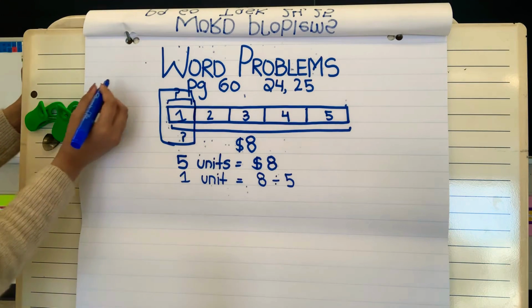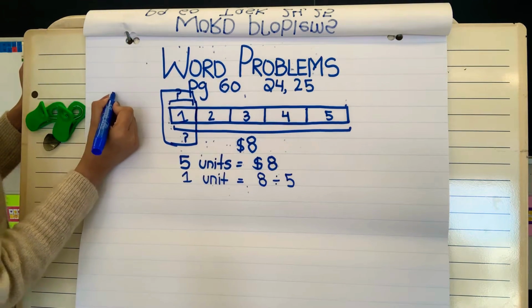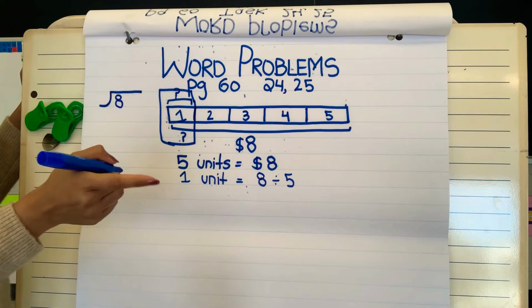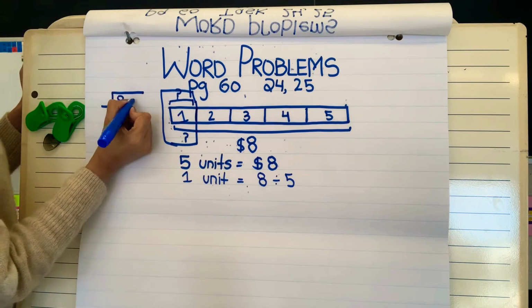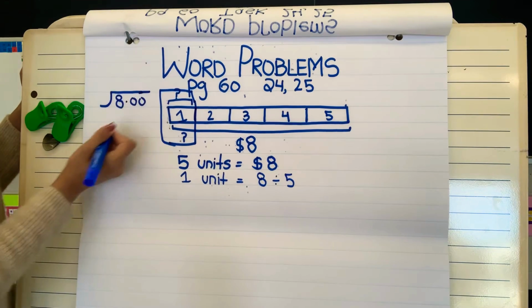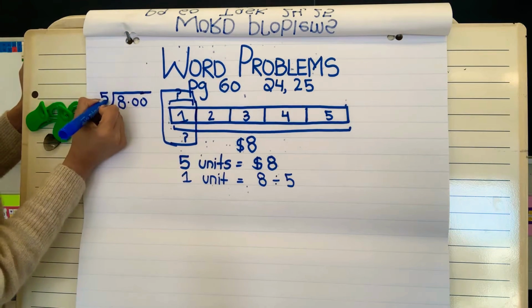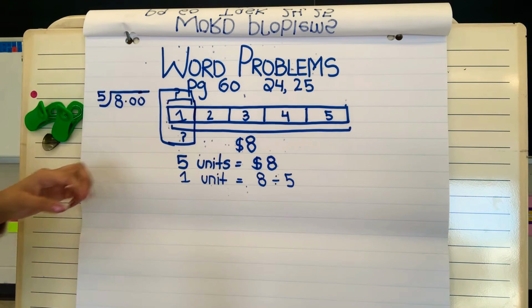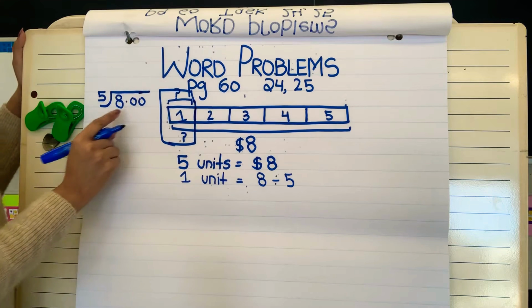So let's go ahead, and on this side, I'm going to do 8. And remember, we have to solve it to 2 decimal places. What we learned in our previous lessons, writing down, dividing up to 2 decimal places first.